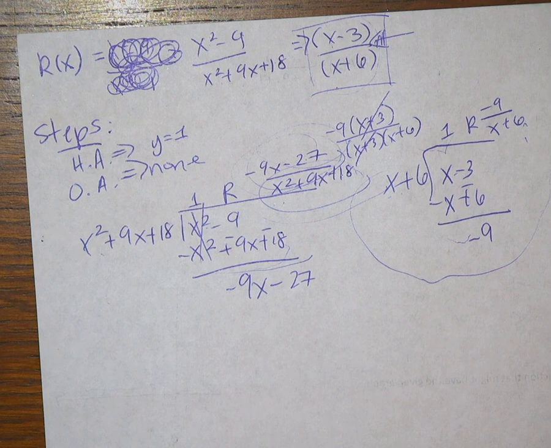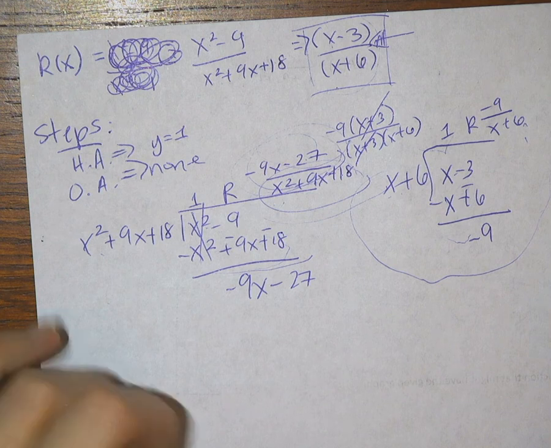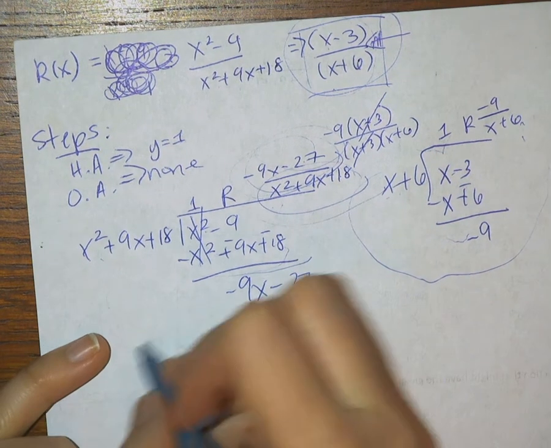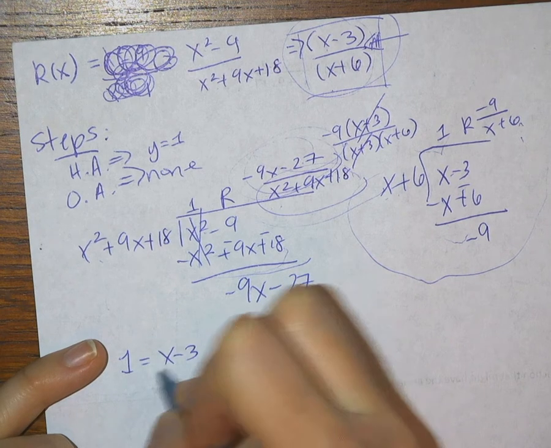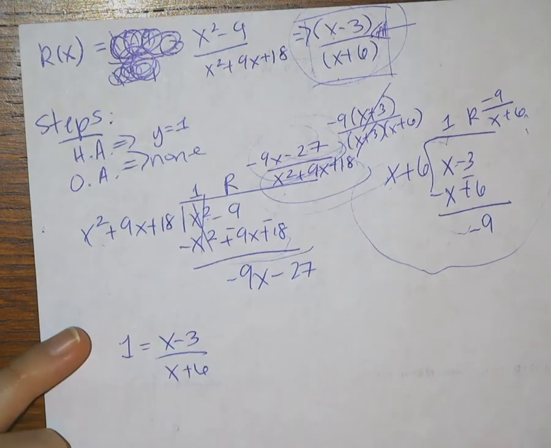Now we want to see if my function is ever going to cross this horizontal asymptote. And remember earlier we said that we can plug it in to our function. So I can set the y values of my function equal to 1 and solve.